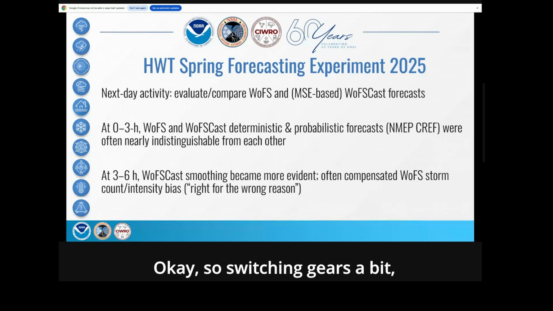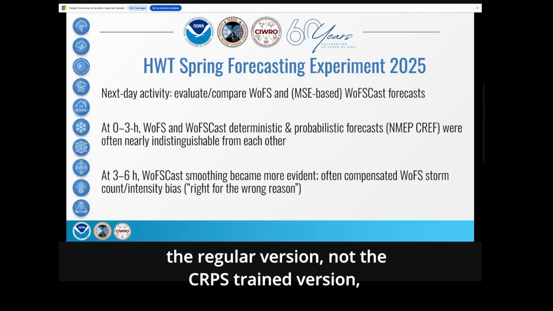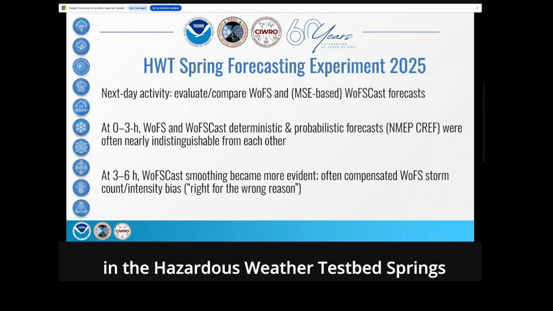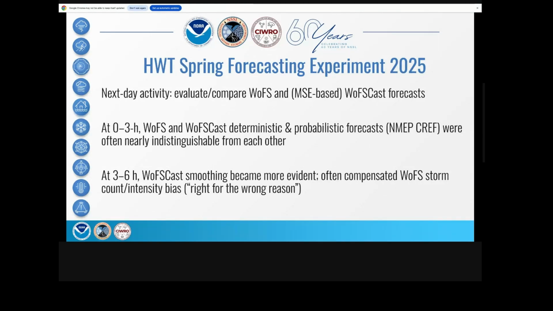Okay, so switching gears a bit, this past May, we showcased WoFSCast, the regular version, not the CRPS trained version, in the Hazardous Weather Testbed Spring Forecasting Experiment here in Norman.